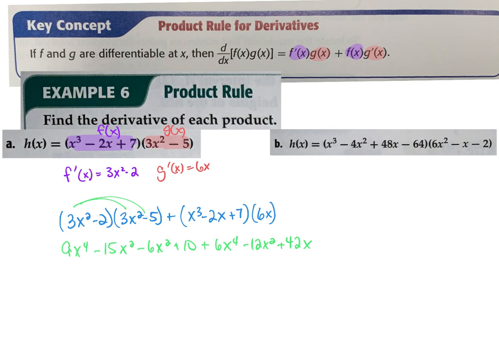And then just combine your like terms. We have 9x to the fourth and 6x to the fourth gives us 15x to the fourth. Negative 15x squared, negative 6x squared, negative 12x squared gives us what? 33x squared. We have 42x. And we have 10.